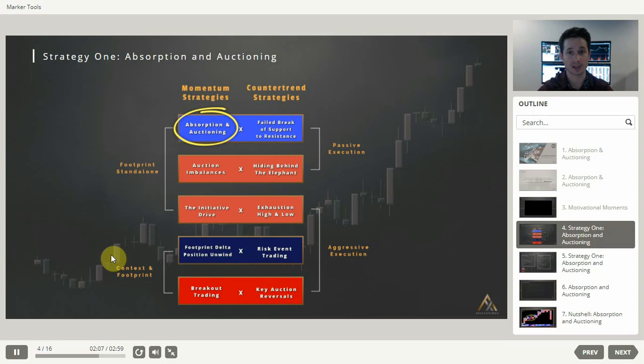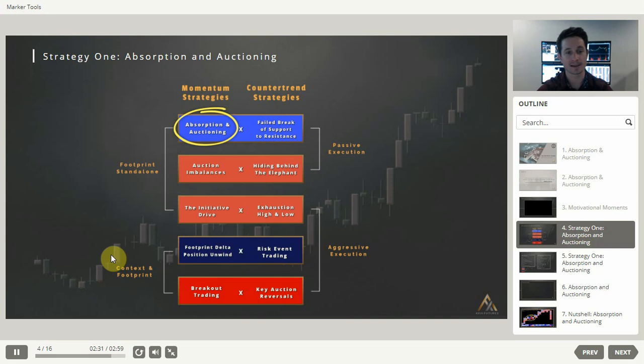But as you'll see, as we go through every one of the strategies, you're going to recognize that knowing these strategies doesn't mean you necessarily have a strategy at hand, but it could assist you in many other ways, i.e. targets, i.e. taking profits, i.e. where to place stops, etc. So knowing these strategies, knowing these principles will aid you in making trading decisions.